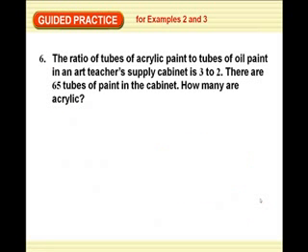Yay! The ratio of tubes of acrylic paint to tubes of oil paint in an art teacher's cabinet is 3 to 2. There are 65 tubes of paint in the cabinet. How many are acrylic? Okay, which number is acrylic? Tubes of acrylic paint to oil paint. So acrylic is the first number. So 3 out of 5 are acrylic. So how many out of 65 would be acrylic?